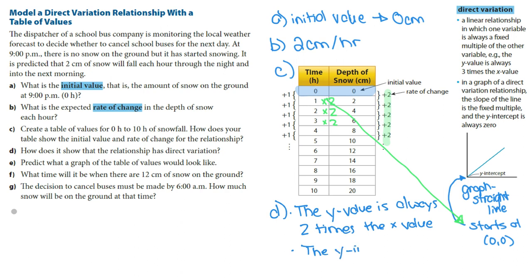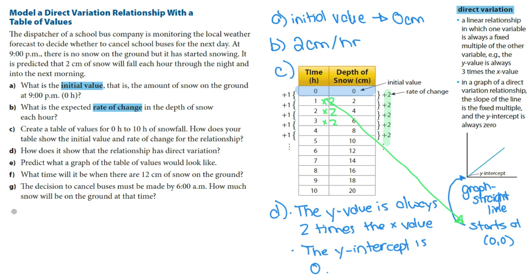And those are the big important parts of a direct variation. The y-intercept is 0.